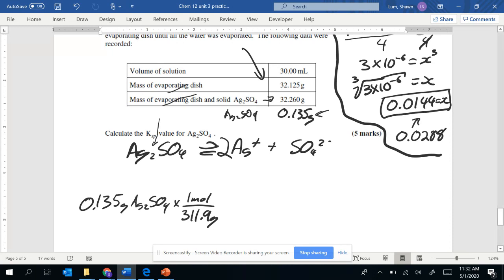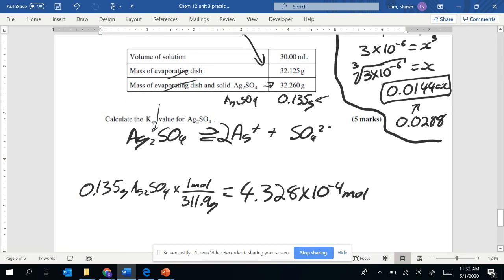So this is the amount of moles of silver sulfate. 0.135 divided by 311.9 equals 4.328 times 10 to the minus 4. That's how many moles I have.